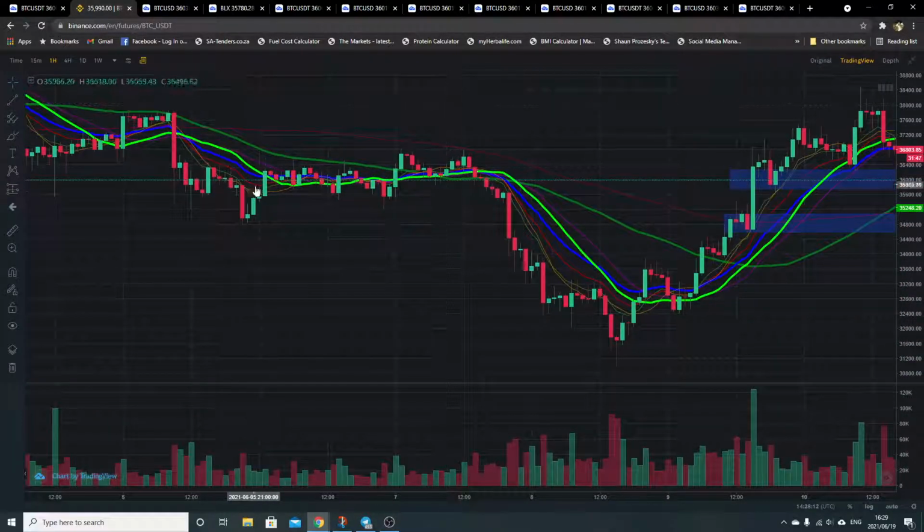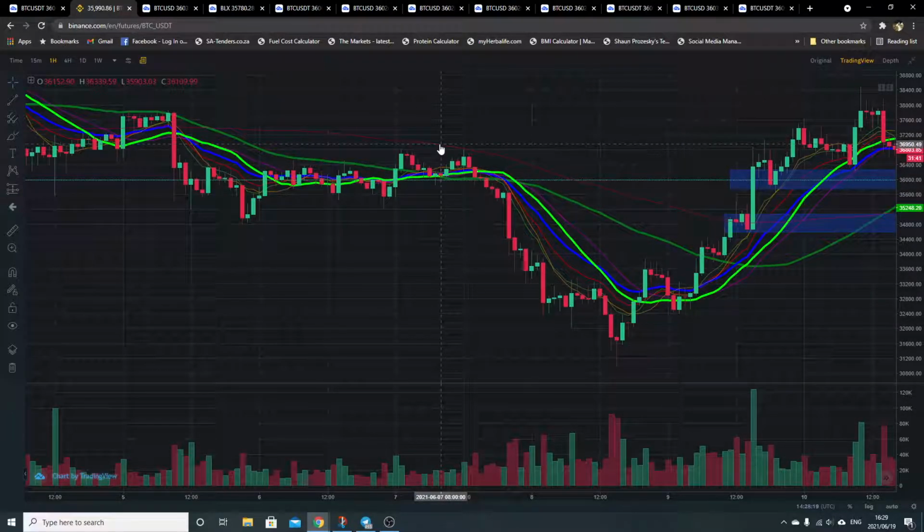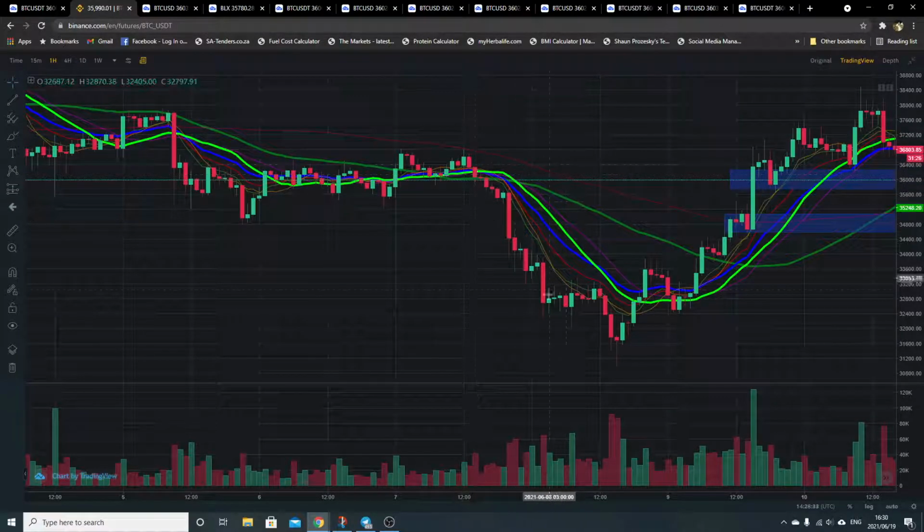Then we started heading towards the 50 MA again. We got above it. But the 100 MA was still above us, and the bulls weren't enough in the trade, and they waited and waited. So the bears came in, and then they pushed the price further down.